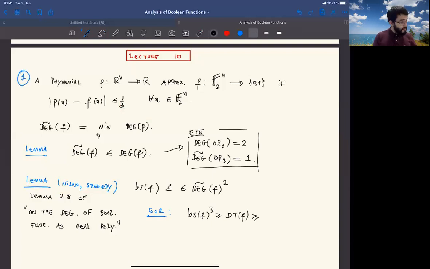And decision tree complexity very easily bounds the degree of the function, because from a tree that computes f, you can write a polynomial that computes f, and that polynomial will have degree at most the height of the tree. And so in particular, the approximate degree of f to the 6 is greater or equal than the degree of f.